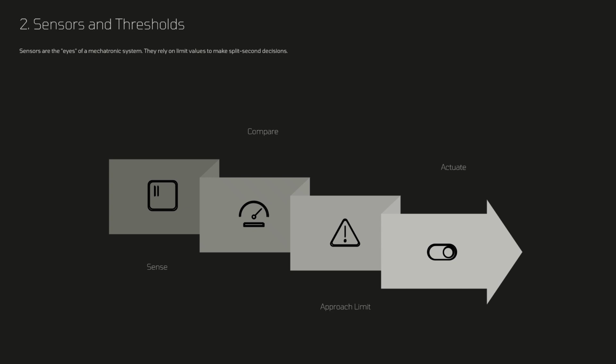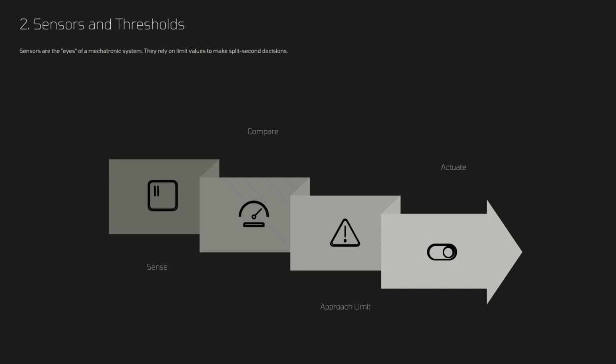Let me explain the flow of this slide step by step. First, sense: the sensor measures something like distance, temperature, or speed.